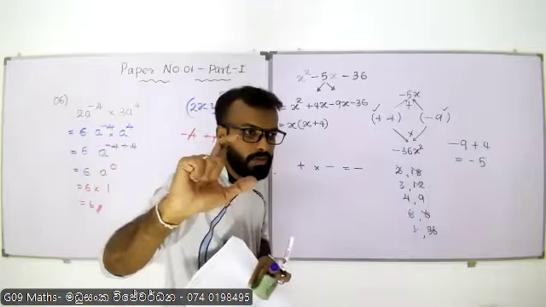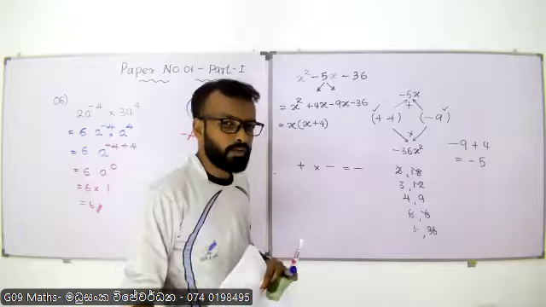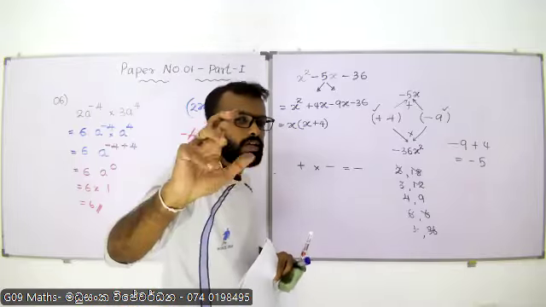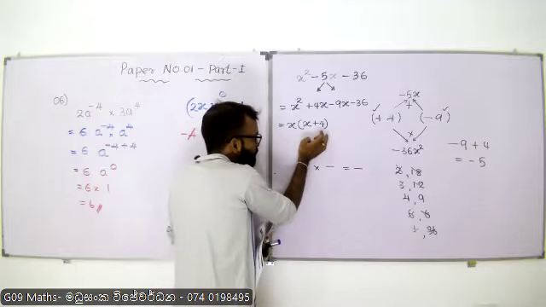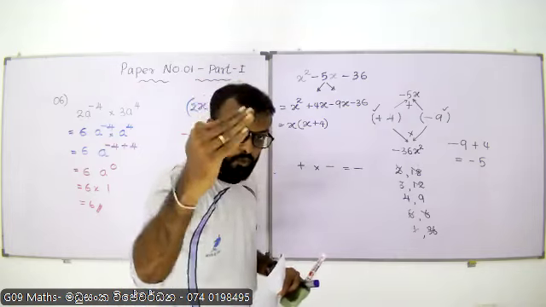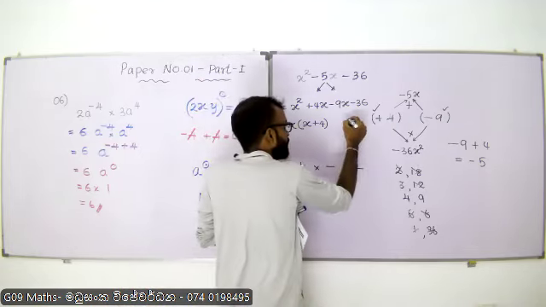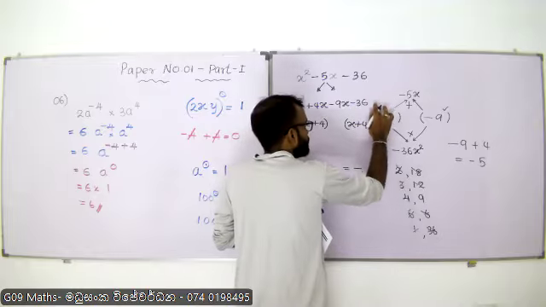Now you need to be a little bit cunning at this point. If you obtain this x plus 4, you need to definitely form x plus 4 here inside the bracket if you want to factorize it.